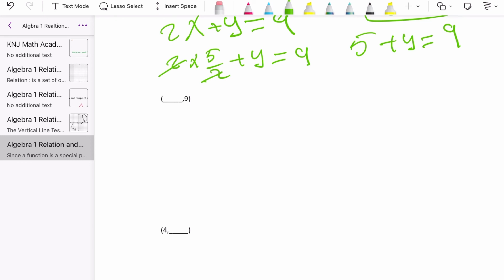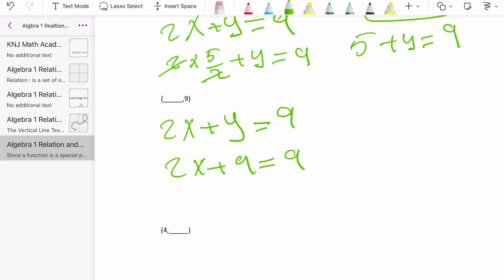The next one here, I have my y is 9, so it is 2x plus y equals 9. That's my equation. So I will replace y by 9. So 2x plus 9 equals 9. If you subtract 9 from both left and right, it will give you 2x equals 0. It means x equals 0.